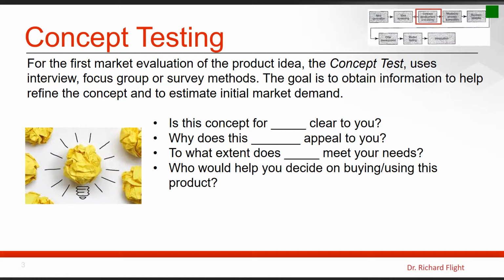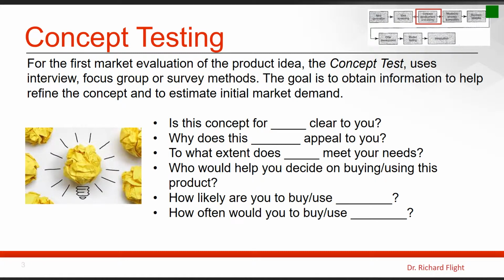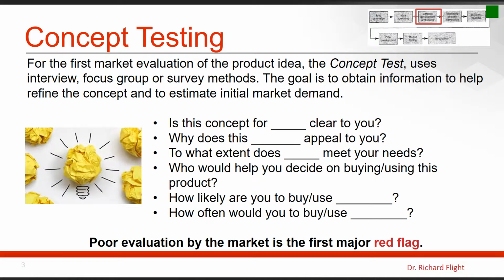Who would help you decide in either buying or using this new product or service? How likely are you to buy this new product or service? And how often would you buy or use this new product or service? Okay, so these are the types of questions we ask in a concept test, and we get a good idea of whether we should make any modifications and whether this product or concept is something that the consumer would like.